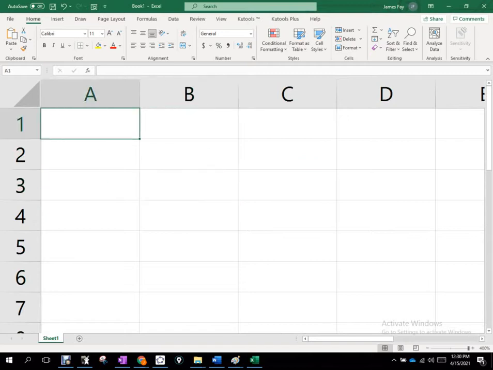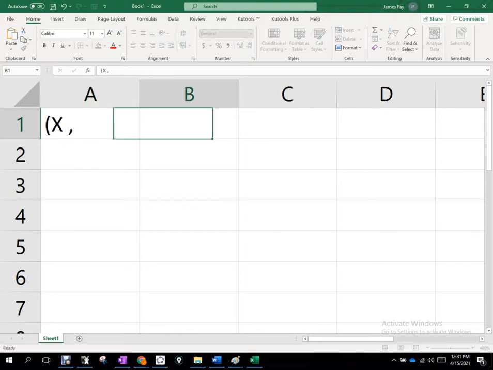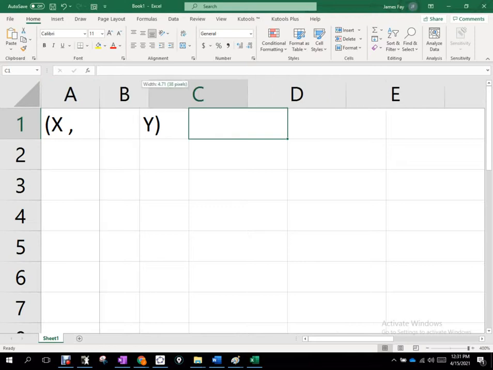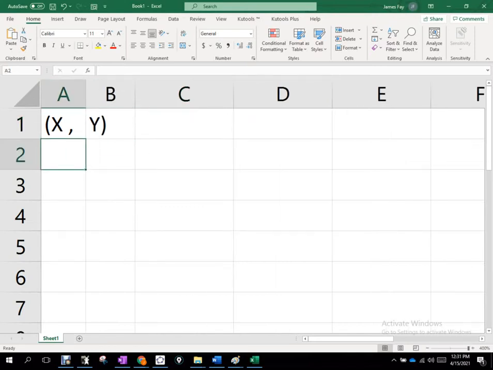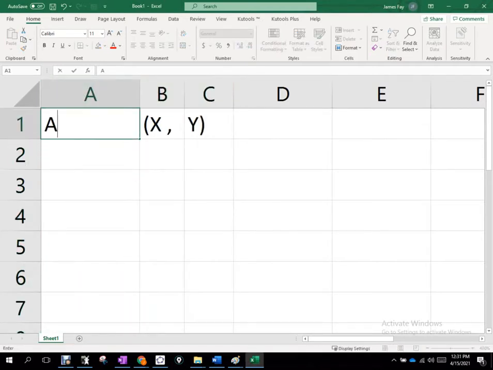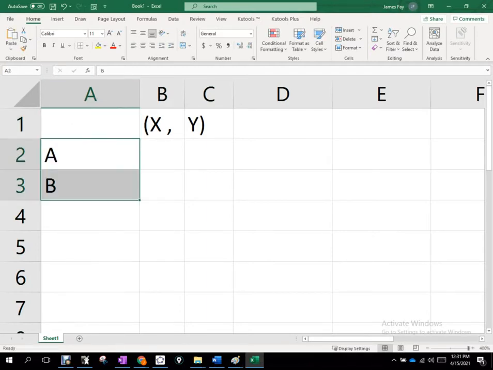Okay, so what I want to do here, I just want to type in. I'm going to say that this is the x coordinate. We'll put a comma, and then I'll say that this is the y coordinate. So we'll say this was point A. This was point B. All right.